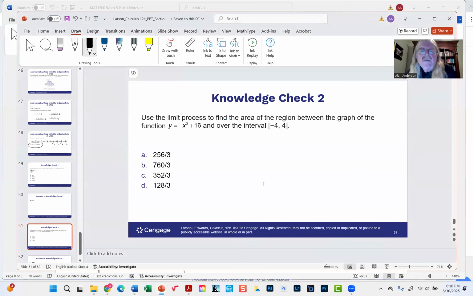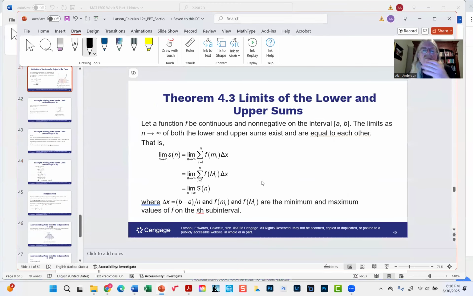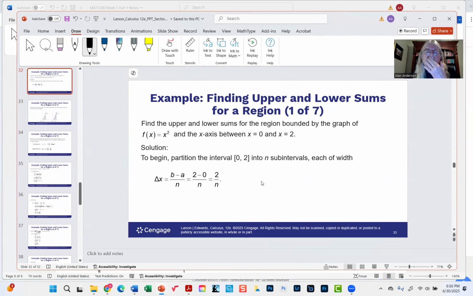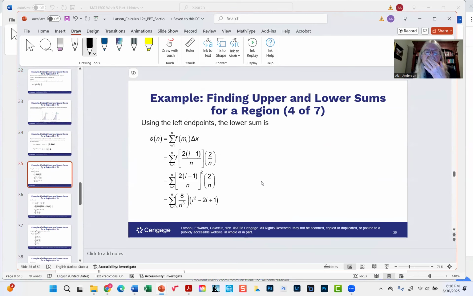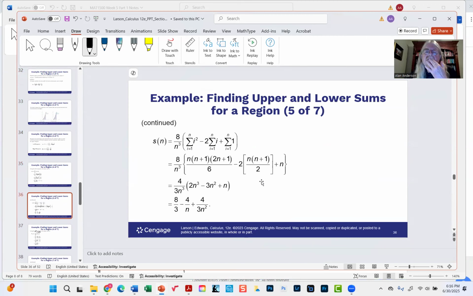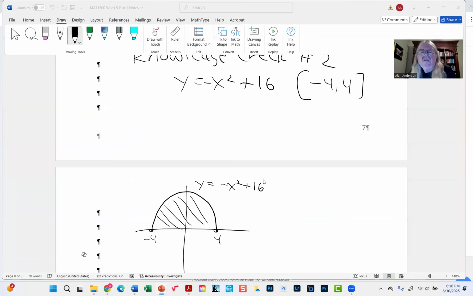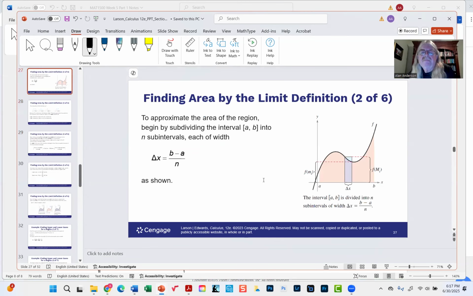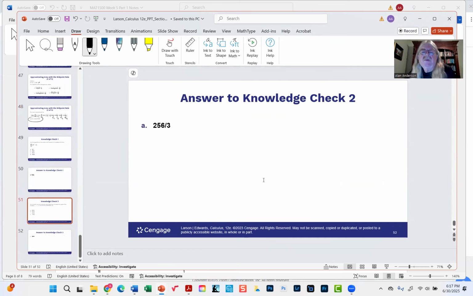This is just going to give us the lower and the upper sums, and I don't think they gave us enough information to do this the way they want us to do it. Well, we'll skip over this for now.